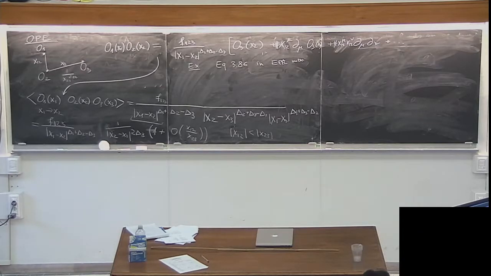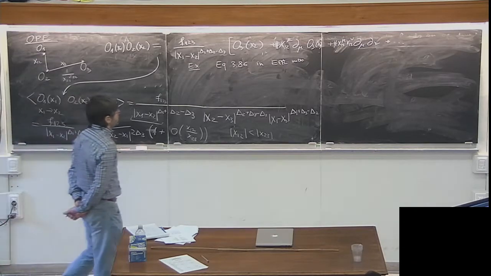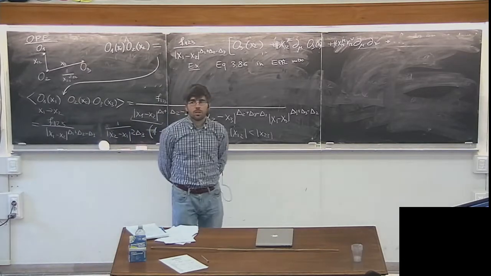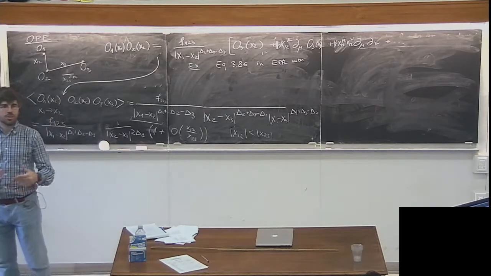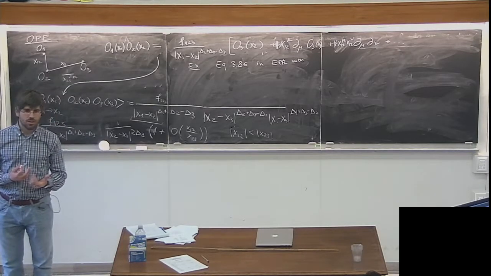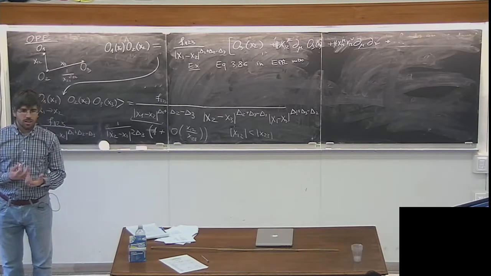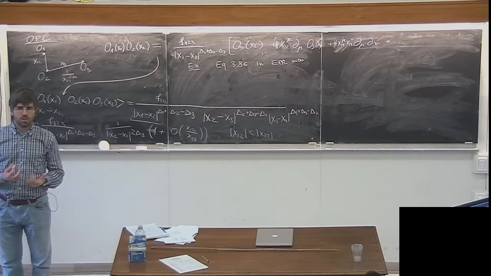This is very important because almost always in quantum field theory, you only use the OPE to learn about the short distance asymptotics of certain correlation functions. And sometimes that is enough.